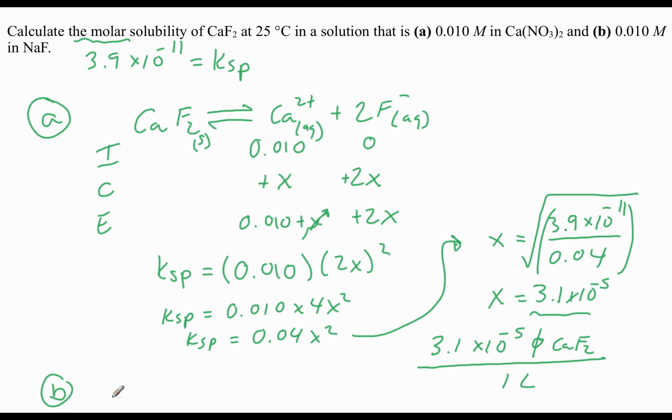So if I have CaF2, it's an equilibrium, with Ca2 plus 2F minus, in this case I've got 0.010 molar NaF.